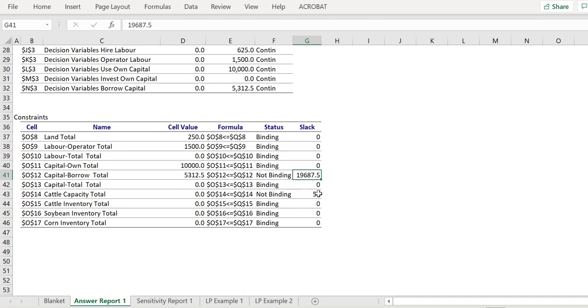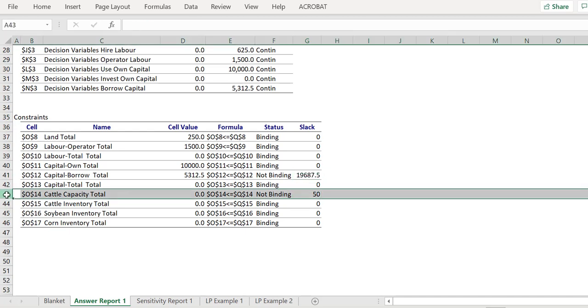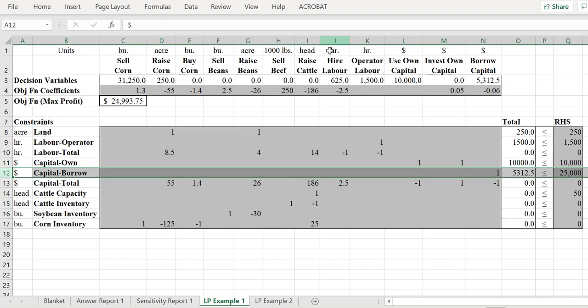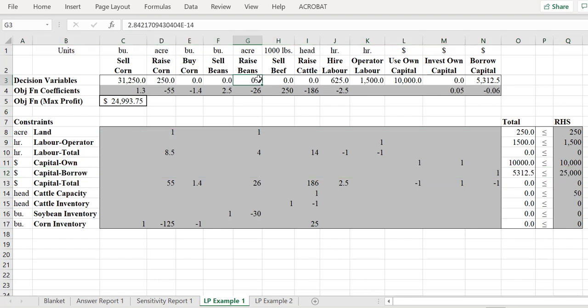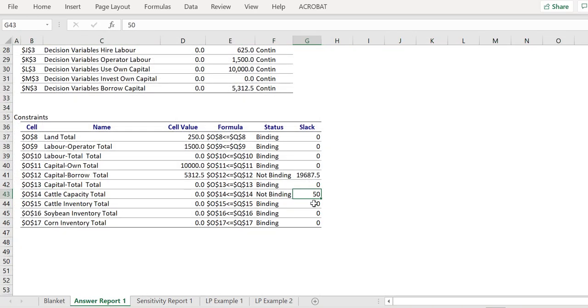And there's another non-binding constraint: the producer can raise up to 50 cattle, but to maximize profit, the producer didn't raise any cattle, and there's this 50 slack value here.